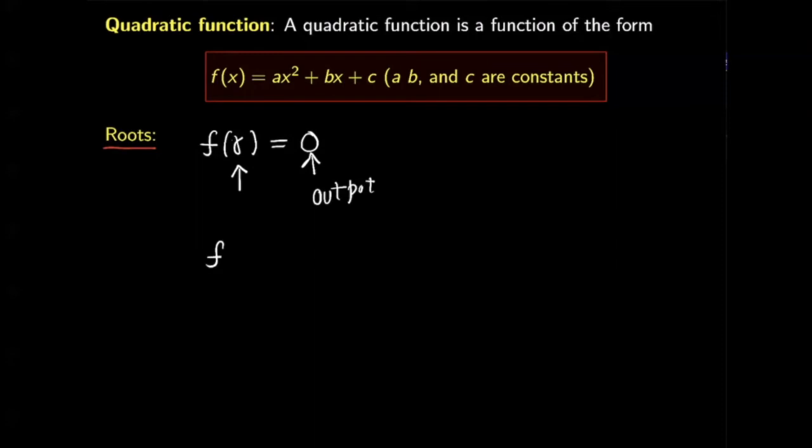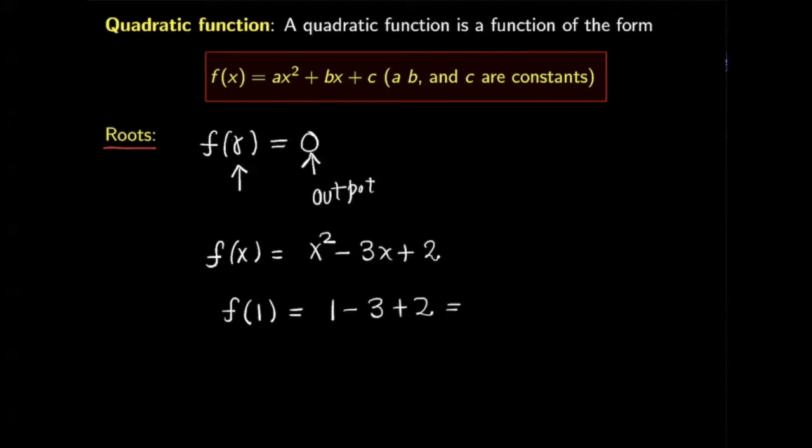Again, let me give you an example. If the function f of x is equal to x square minus 3x plus 2, and if I substitute or evaluate the function at 1, I will get 1 minus 3 plus 2, which is equal to 3 minus 3, 0.